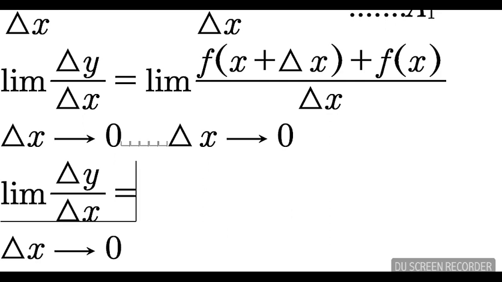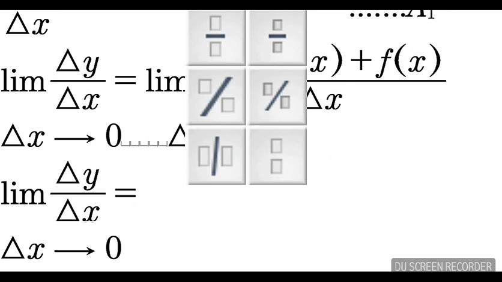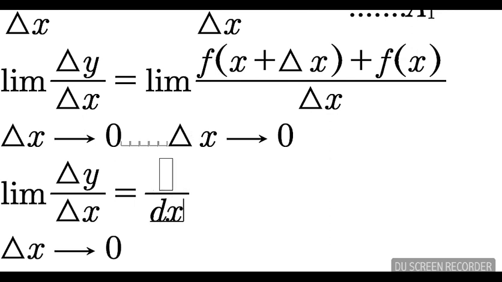We mean that the limit of delta y over delta x, as delta x tends to 0, is equal to dy dx. So we have this to be our dy dx.